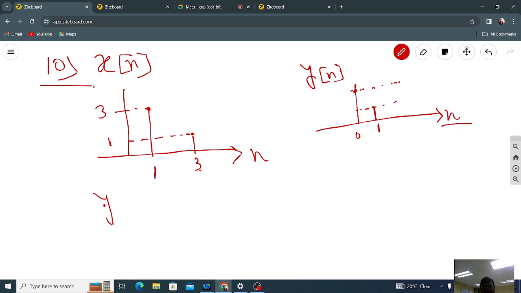So again, what is the relationship between y of n and x of n?